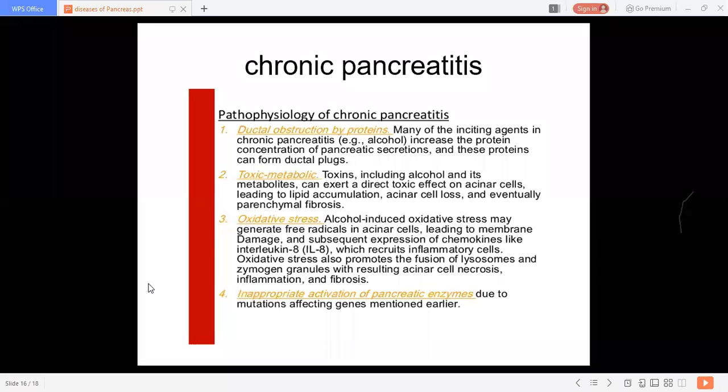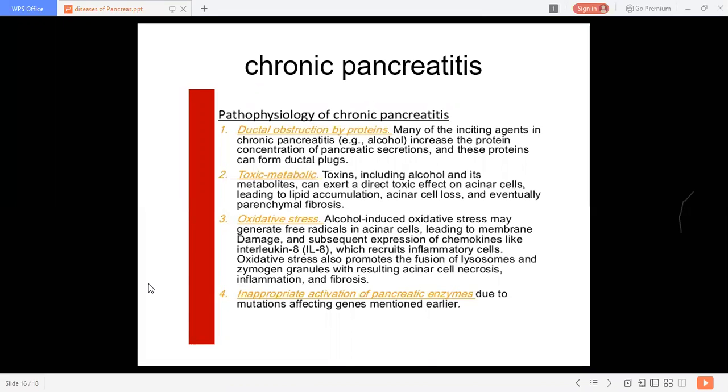The lump may be made up of protein, or of inflammatory tissue. If the person is a chronic alcoholic, it may lead to chronic pancreatitis through the increased protein concentration of pancreatic secretions.